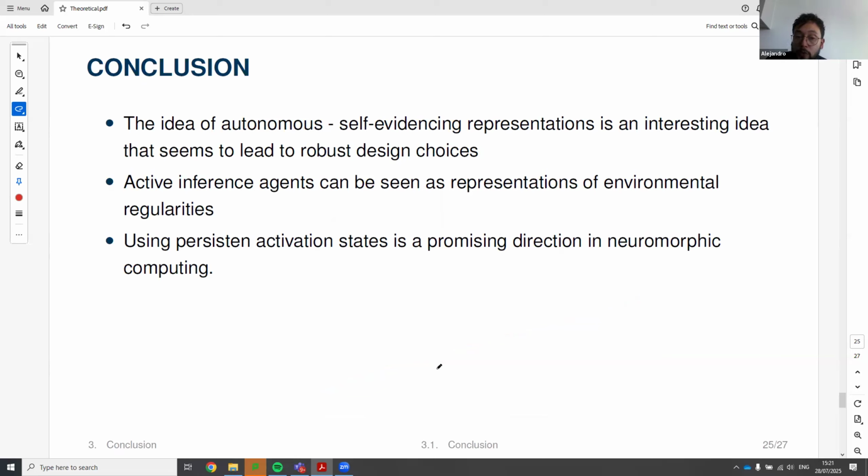But we want to try to push this idea of autonomous representations, or having the representations themselves have some sort of autonomy and existence. We want to push it further and see what kind of consequences we can derive from this, in particular using all the machinery that has been developed for dealing with this machinery that we are obviously still understanding. It's very interesting that if you have an active inference agent, you can use that agent as a representation of something else that's happening outside.